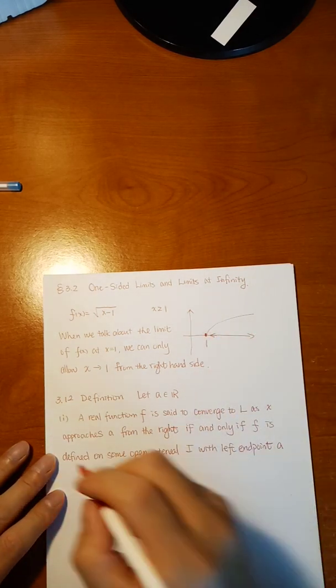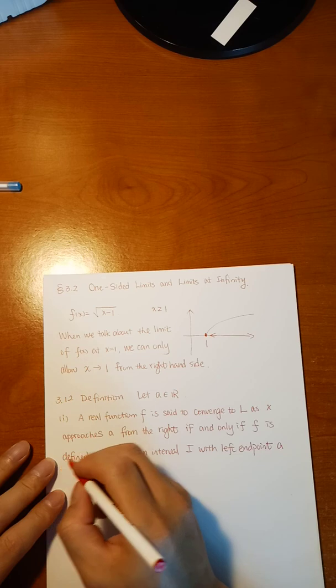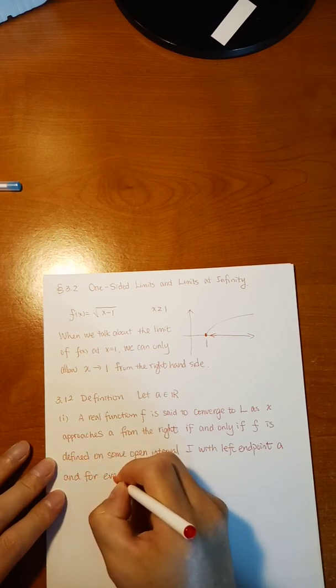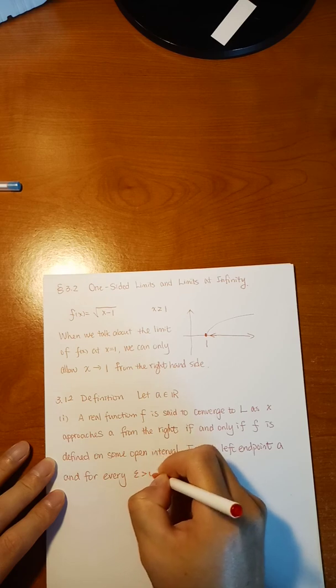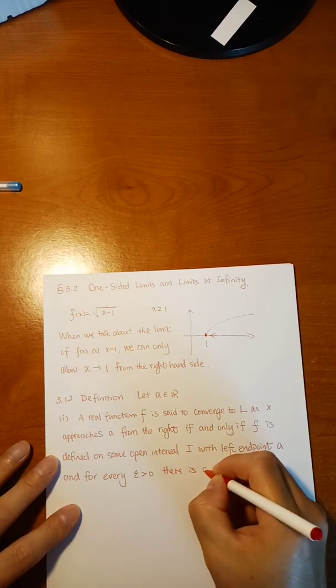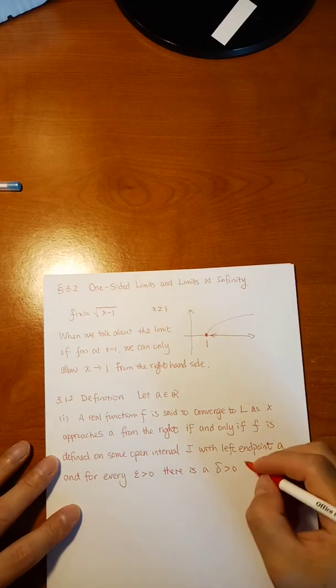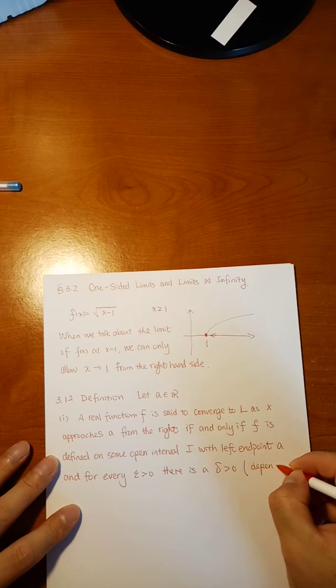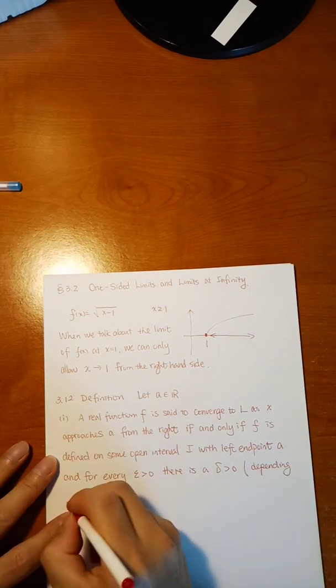Left-hand point A, and for every epsilon greater than 0, there is a delta greater than 0. Okay, this delta depends on what?